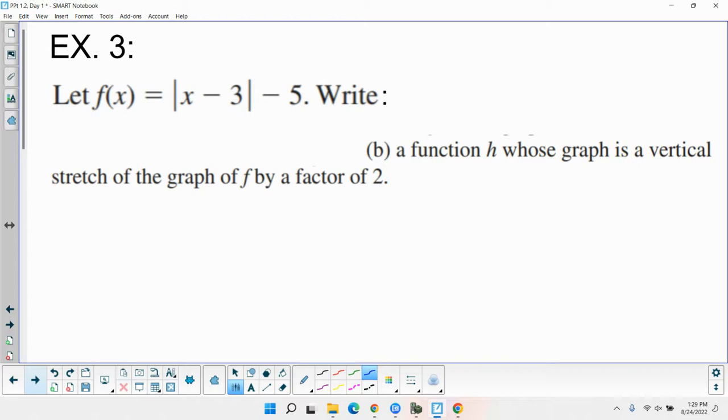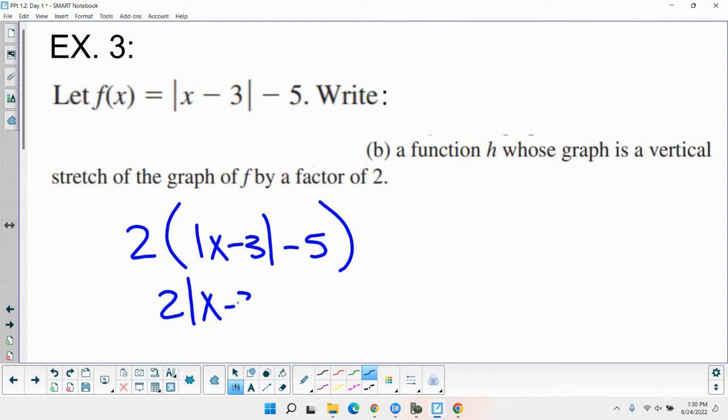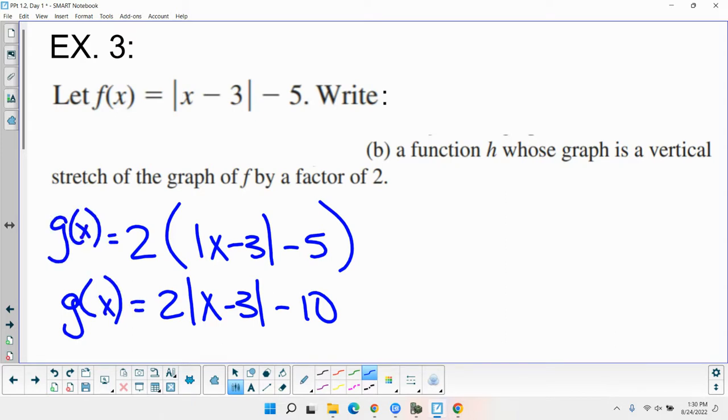So you're gonna tell me, Evan? Sure, thanks. All right, so 2 times the whole thing. So that's 2 times the absolute value, minus 10. Okay? We'll make it g again. You can use any letter you want, really. Yes?